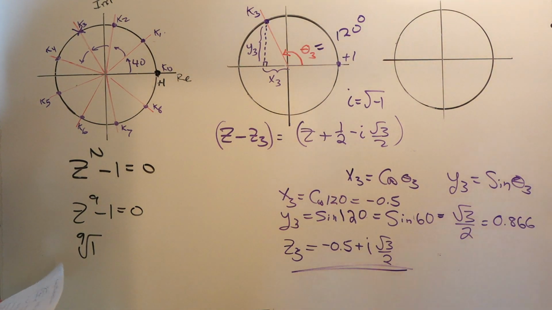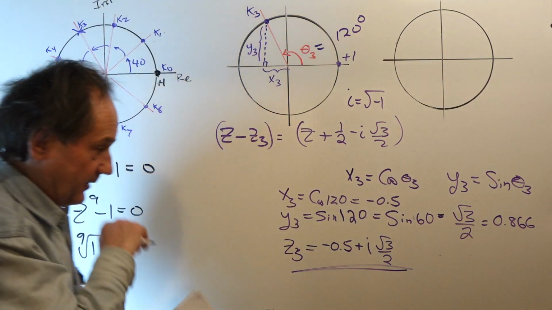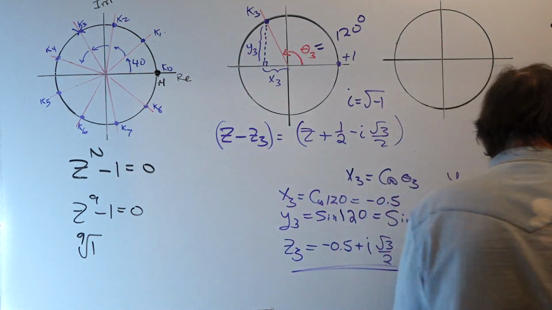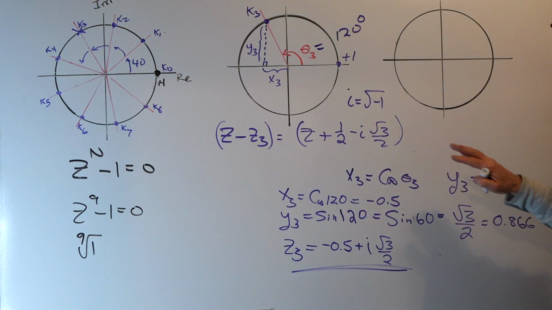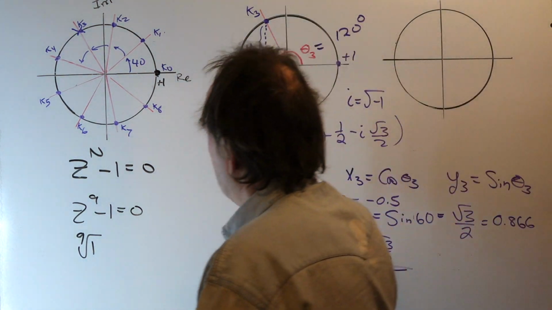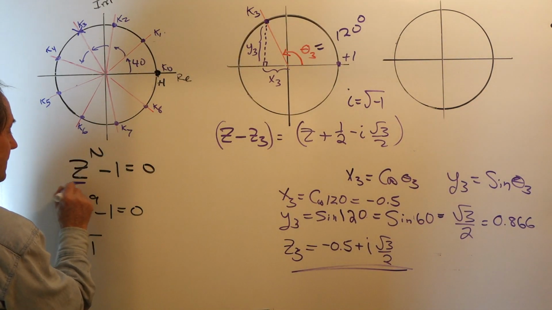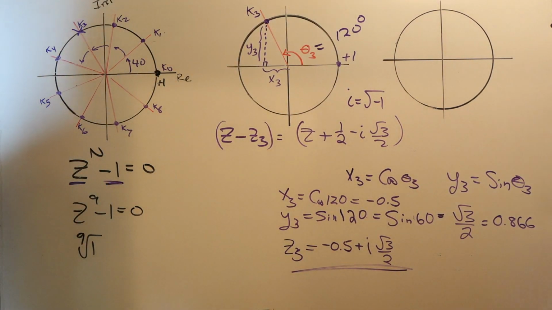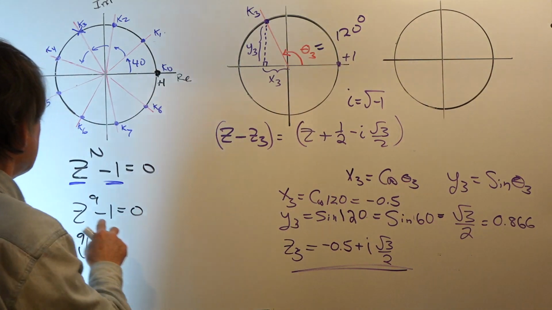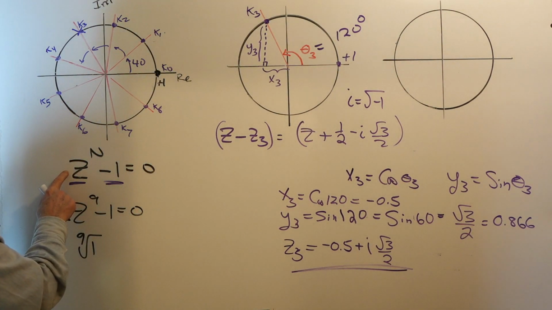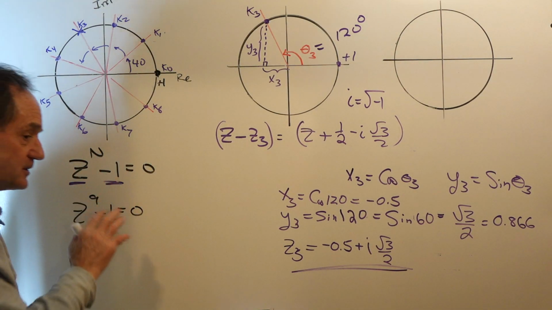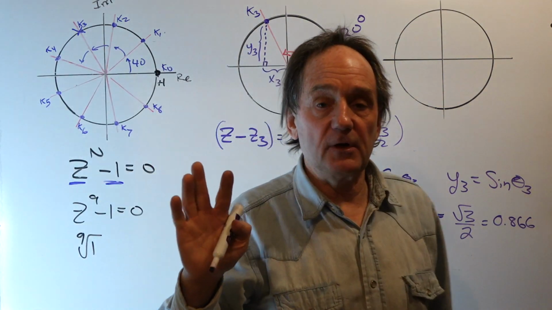Now, in the theory of complex numbers, all complex roots, when the coefficients of a polynomial are in the real number system, in this case we have 1 in front of the z to the n and we have a minus 1, so our coefficients are real.